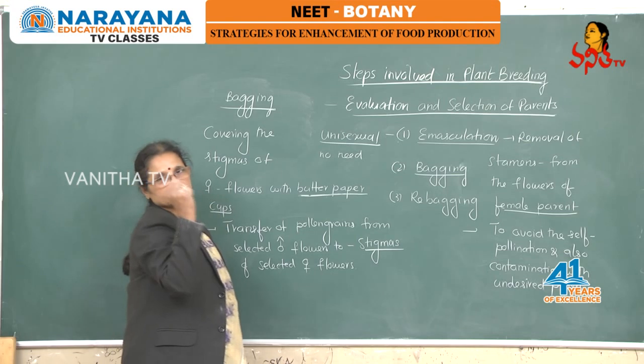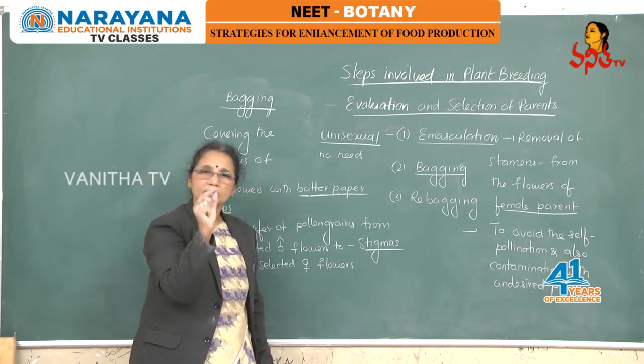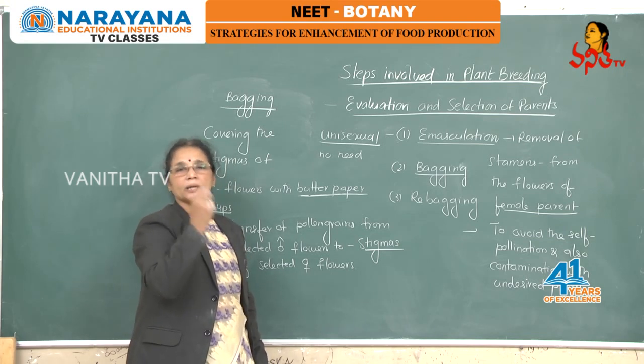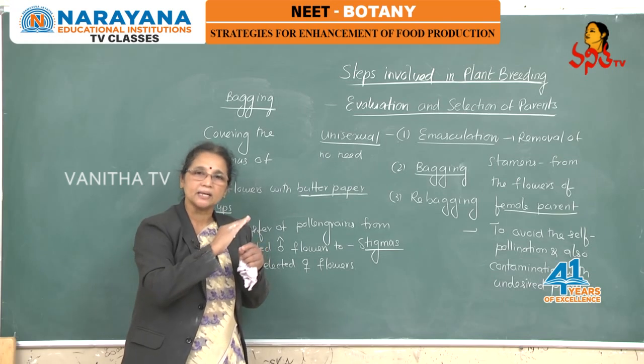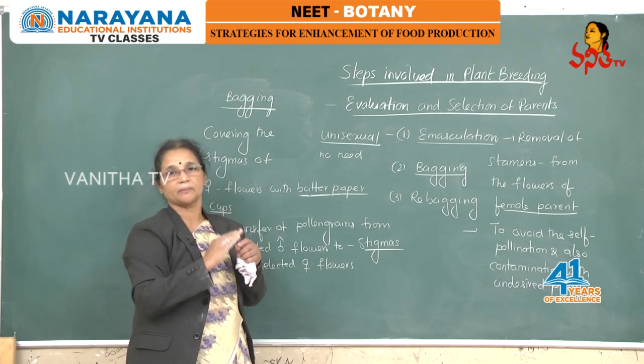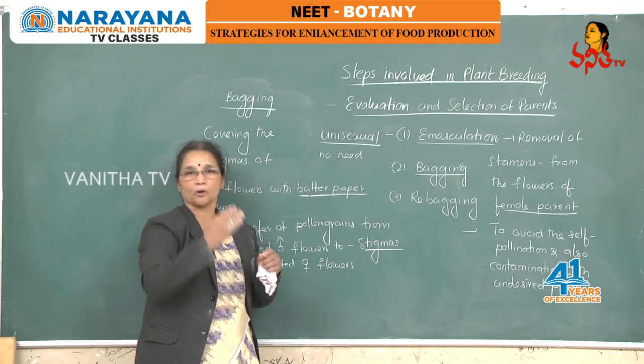Here very gently they collect the pollen grains of the male flowers on cotton balls or cotton cloth balls, and they transfer those pollen grains, smearing gently over the stigmas of the female flowers. That means here we are helping in the cross pollination.